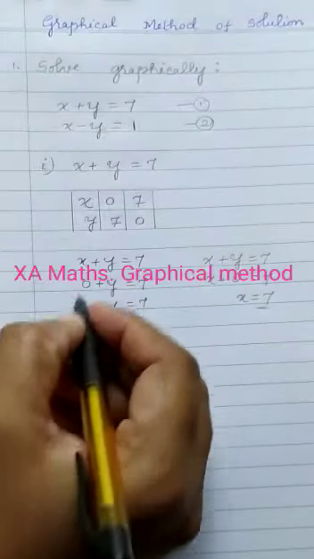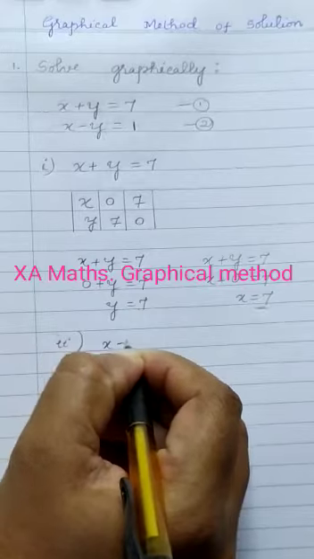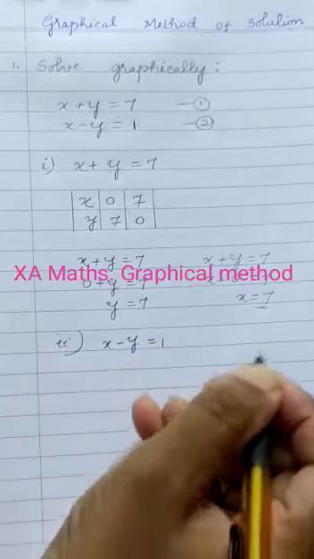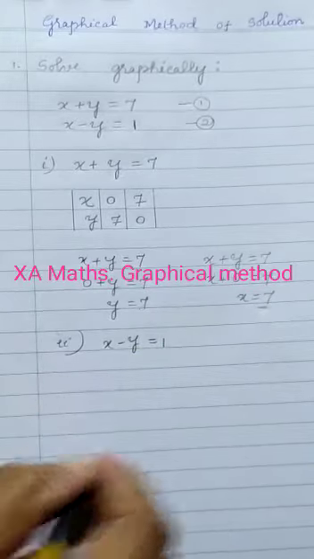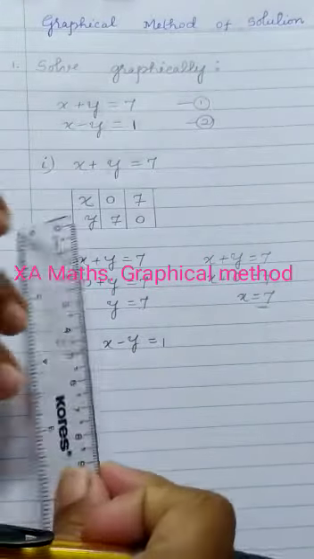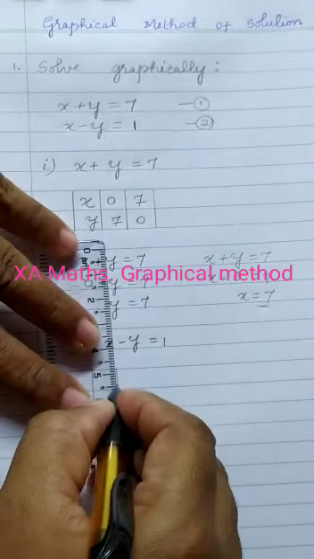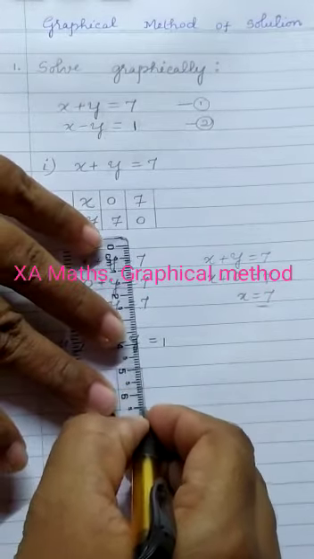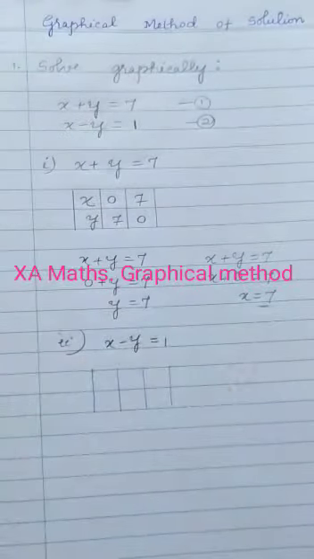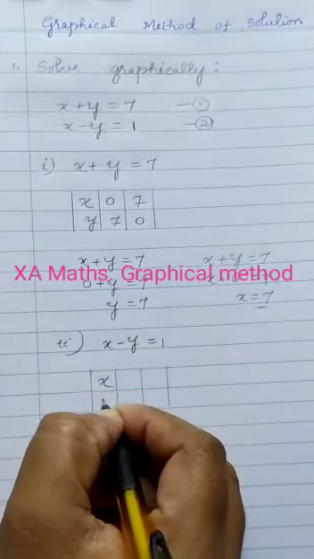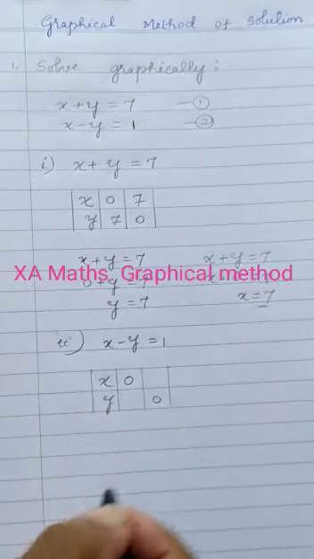Now I'll take the second one. What is the second one? x minus y is equal to 1. This is equation 2. So here also we'll make the columns to write the values for x and y. Only 2 values I am giving here also. First write x and y. Put x as 0 and y as 0.